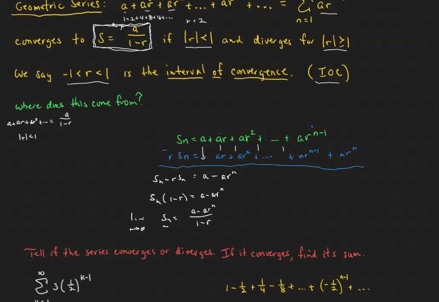Well, the a is a finite number, the r is a finite number. The only thing that's really of interest is what is going to happen to this a times r to the n. Well, it turns out if r is in between -1 and 1, which is the same thing as saying the absolute value of r is less than 1, every time you multiply it by itself, it's going to get a little bit smaller.